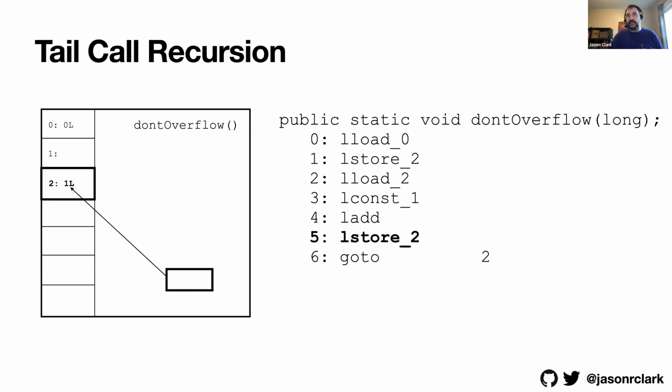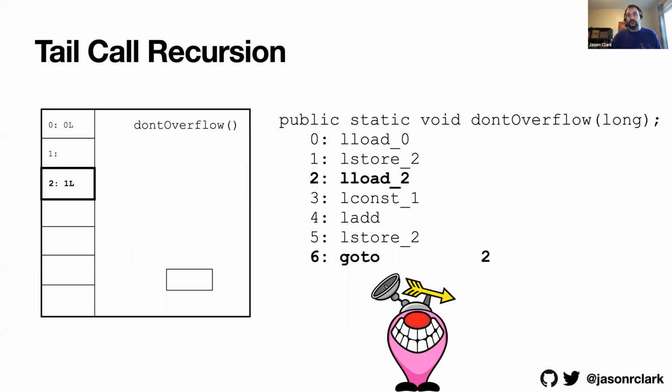And now, instead of calling the method again, because Kotlin recognized from our keyword that this was tail recursive, it just says go to 2. It moves to the second instruction after that initial load, and this is why it was reloading from that local. What it's effectively done is turn a stack-frame-adding method call chain into a loop.